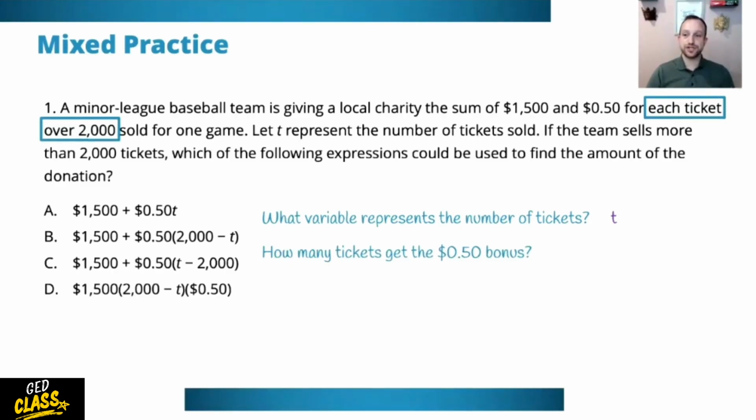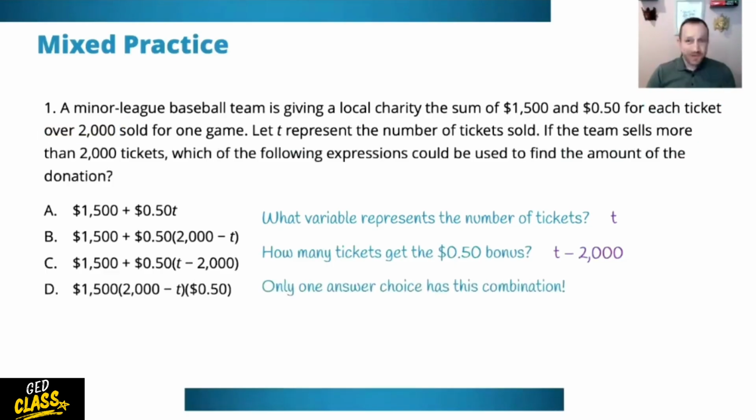So in this case, each ticket over 2,000. So it has to be bigger than 2,000 tickets. So I can take my number of tickets, subtract out the 2,000 that don't get a bonus, and anything more than that will get a bonus. So total tickets minus 2,000 is the ones remaining that will get that bonus. So this thing, T minus 2,000, has to be multiplied by the 50 cent bonus. Well, there's only one answer that has T minus 2,000 multiplied by 50 cents.